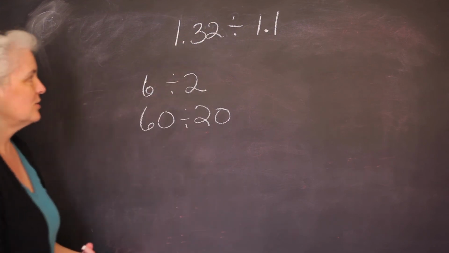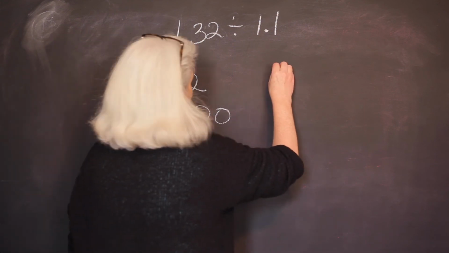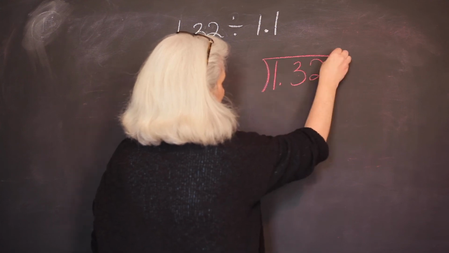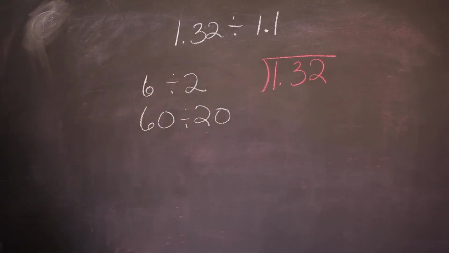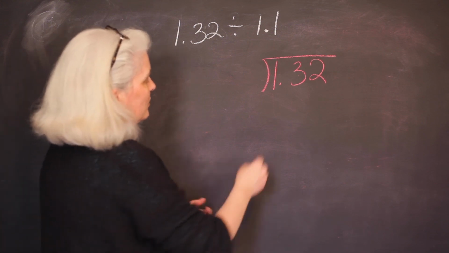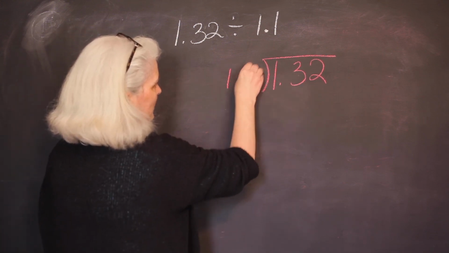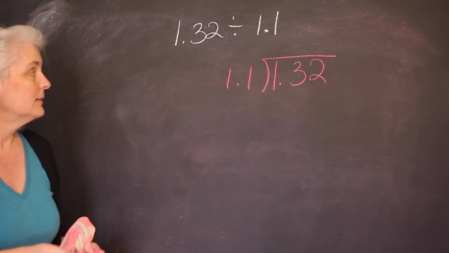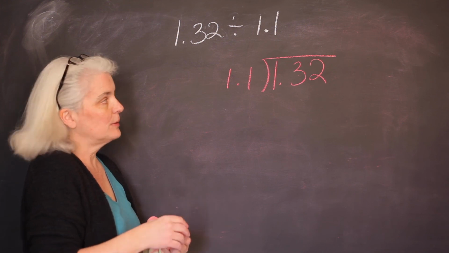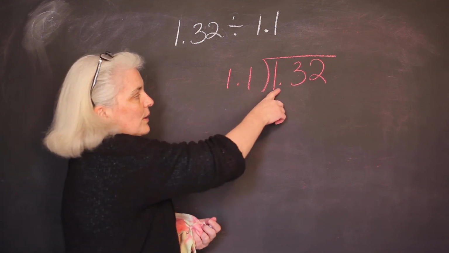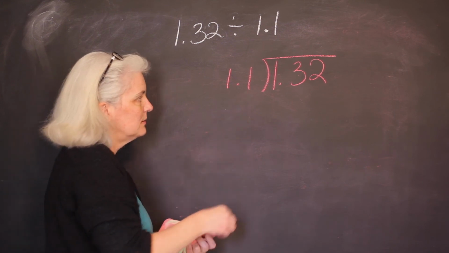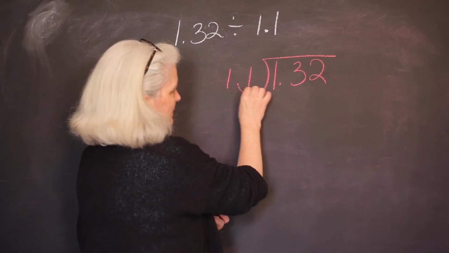Because I can take this division problem, 1 and 32 hundredths divided by 1 and 1/10, and just like 6 divided by 2 is the same as 60 divided by 20, if I multiply this by 10, I get 11.